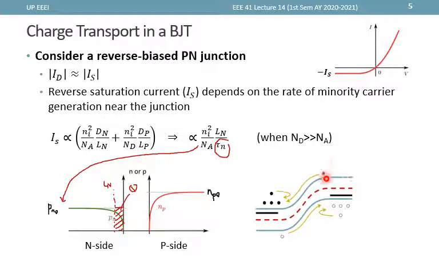And once they get to this point, that's when they start drifting to the other side.